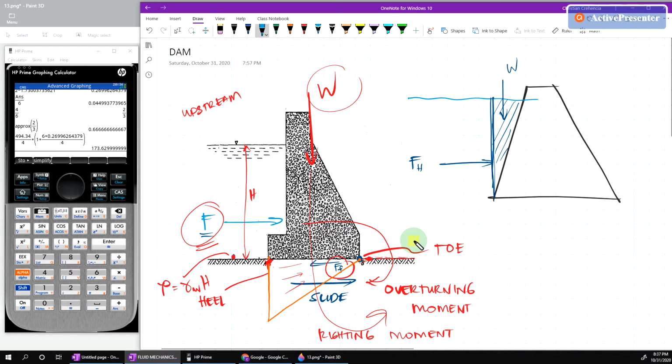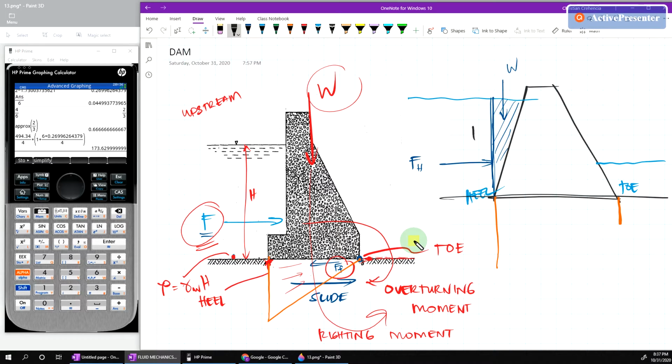Okay, so kung meron tayong liquid din sa kabilang side, pwede rin namang maximum hydrostatic pressure. So this is yung heel, nandito yung toe. So kapag maximum hydrostatic pressure sa heel, pwede rin namang maximum pressure dun sa toe, pero since iba yung level, iba yung depth ng water dito sa kabilang side.